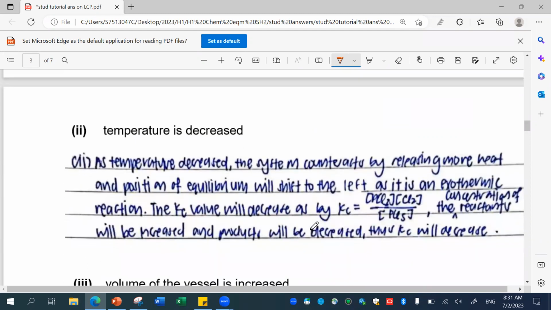Over here, I like the answer also. You can see that there's this disturbance introduced, then counteracts by releasing more heat. It will shift to the left. This is the exothermic reaction. Then she made reference to the Kc expression and hence explained why Kc will decrease.